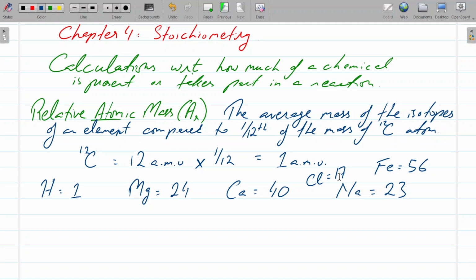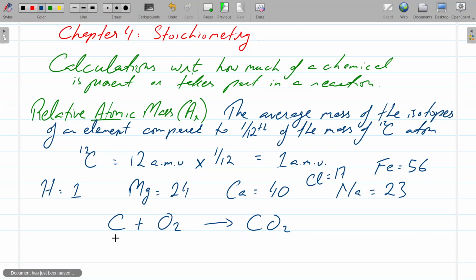Now, when we're carrying out experiments, on paper we can show something like C plus O2 giving me CO2. But obviously the reactants and the product being formed have mass.